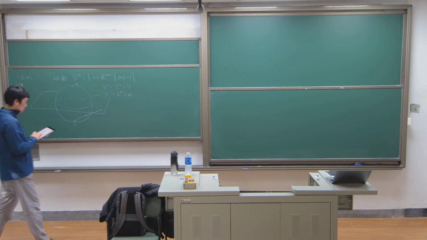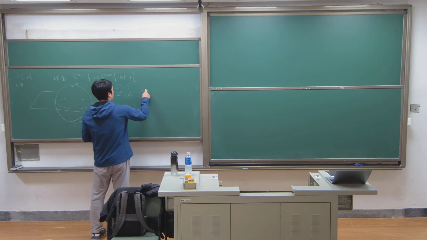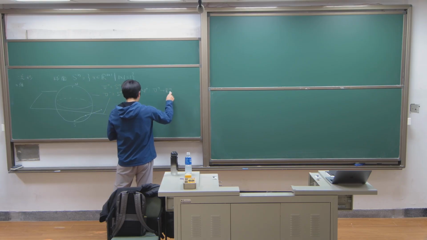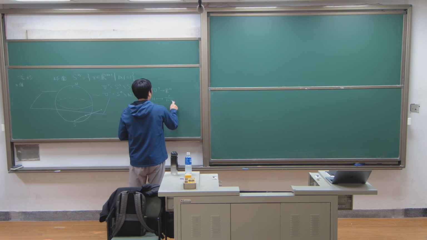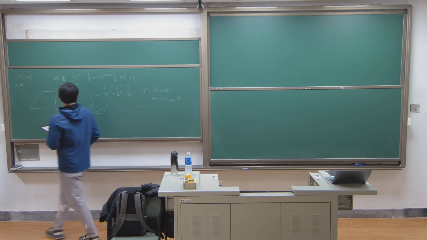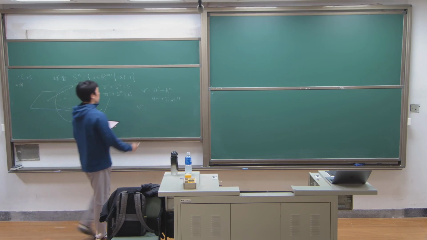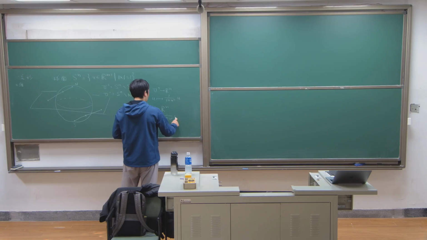So this map is just given by phi plus. Okay, phi minus is the opposite. You just have it this way, minus. So this is plus, and then here.